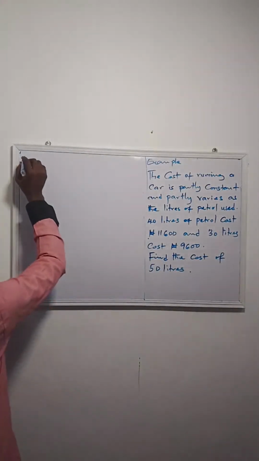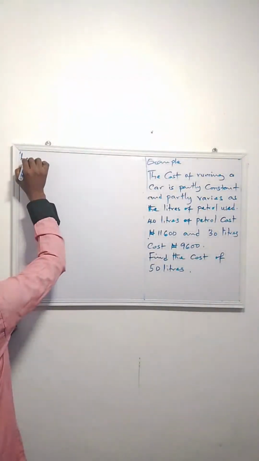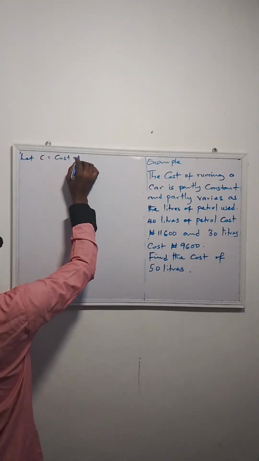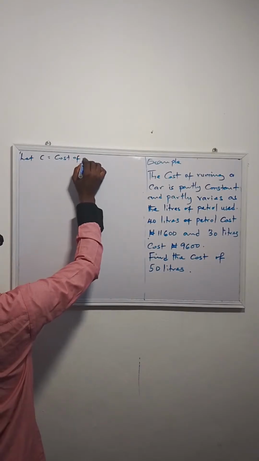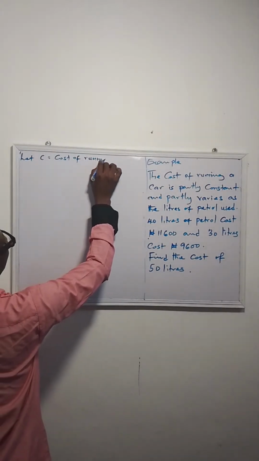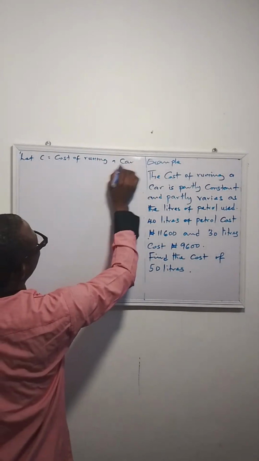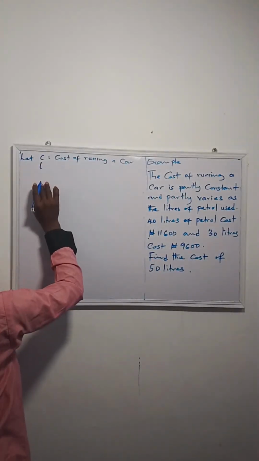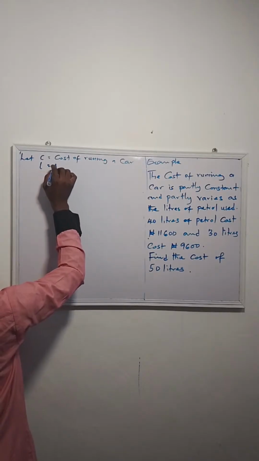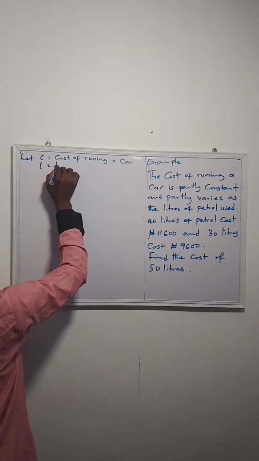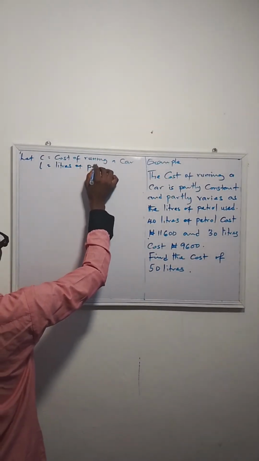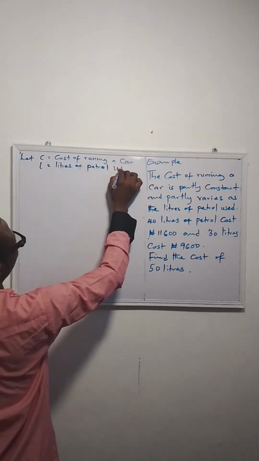So we are starting by saying let C represent cost of running a car, and let's use small letter L to represent liters of petrol used.